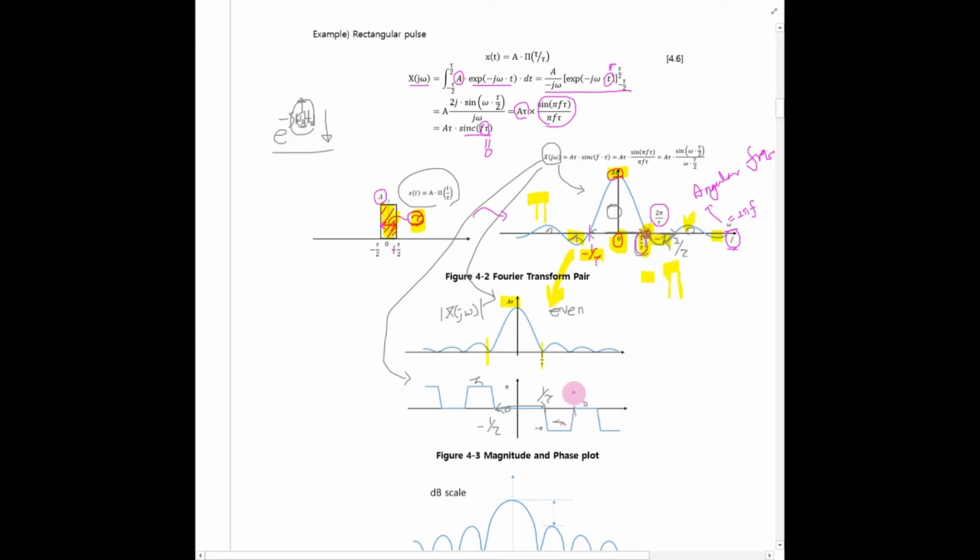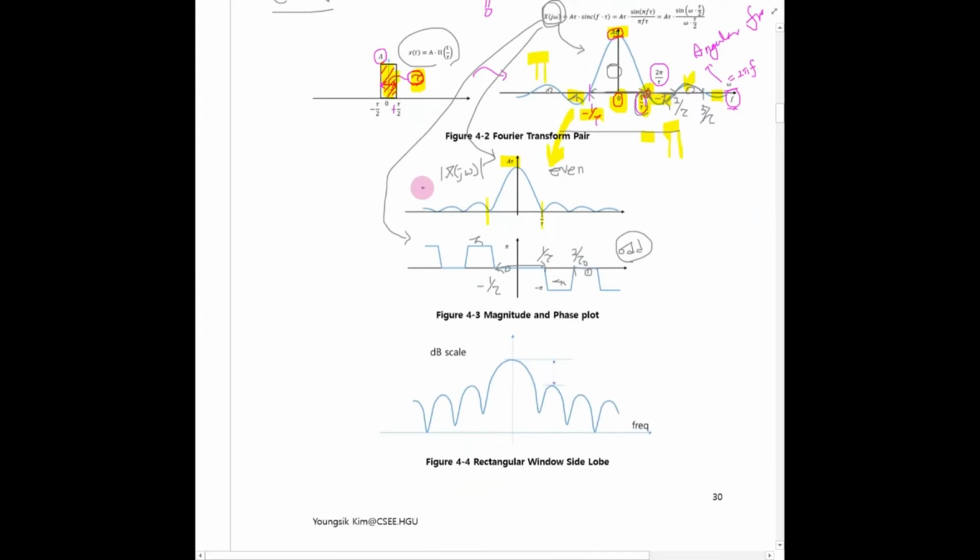Then between 2 over tau and 3 over tau it is a positive value, so the angle is 0 because it is positive. So we can plot X(j omega) magnitude and phase simultaneously like this, or plot the magnitude and the phase separately. The magnitude is an even function, but the phase is an odd function.